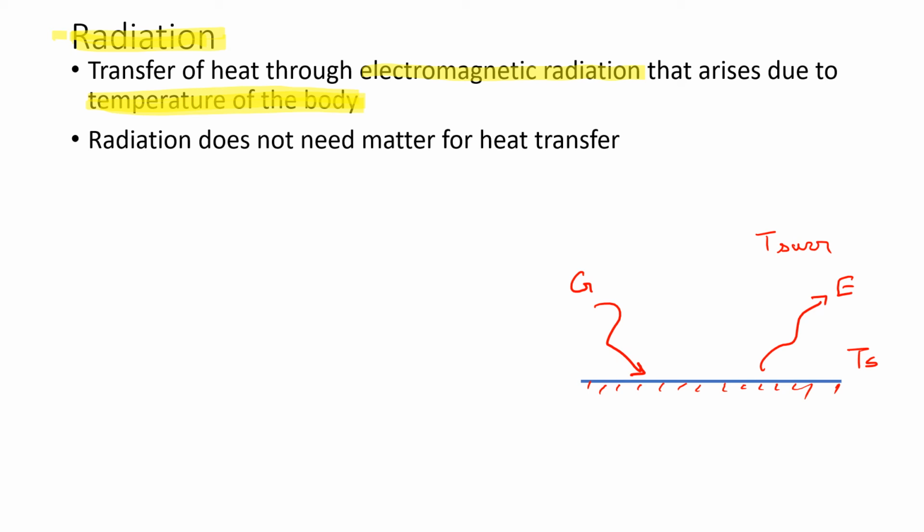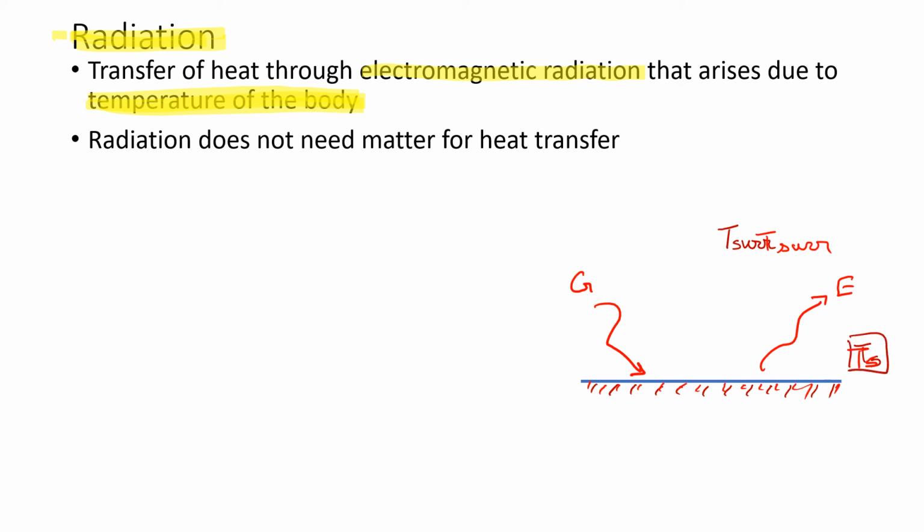Let's say we have an arbitrary surface or a flat plate like we had for convection. This flat plate is at a temperature Ts, the surface temperature of the plate is Ts, and the surrounding of this plate is at a temperature of T surrounding.